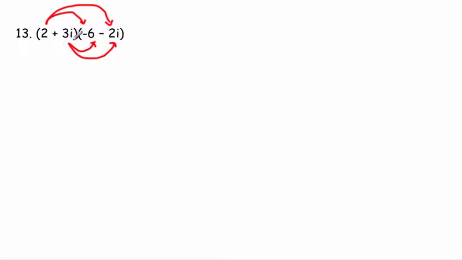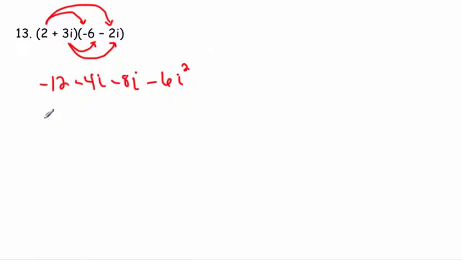Okay, so I'm going to do that. 2 times negative 6 is negative 12. 2 times negative 2i is negative 4i. 3i times negative 6 is going to get me negative 18i. And 3i times negative 2i is going to get me negative 6i squared. Most students miss the i squared here. That's going to matter later because i squared is negative 1.